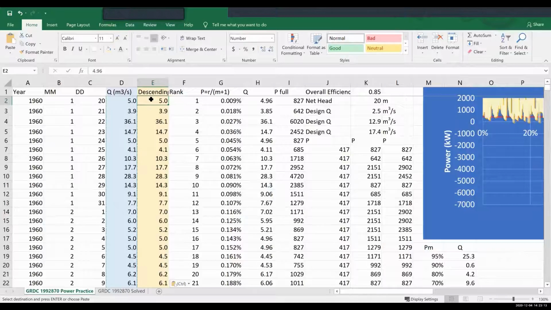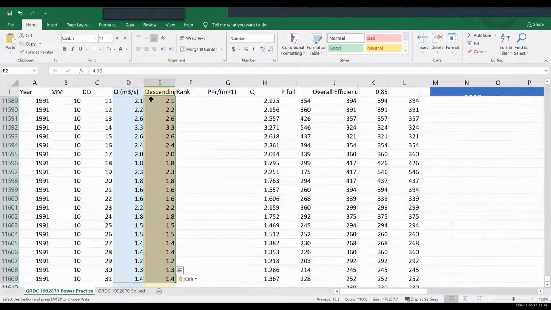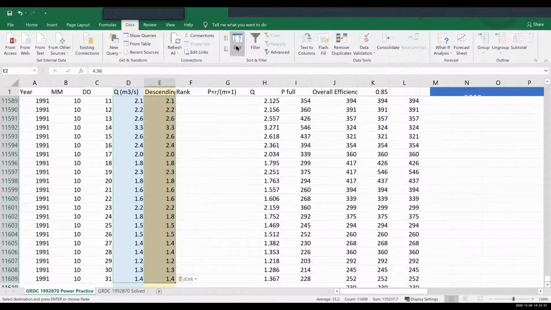After I copy this data, to arrange it in descending order, I select this data. I assume that you are familiar with Excel. So I arrange this data in descending order by selecting this data and using the command Data and Sort.